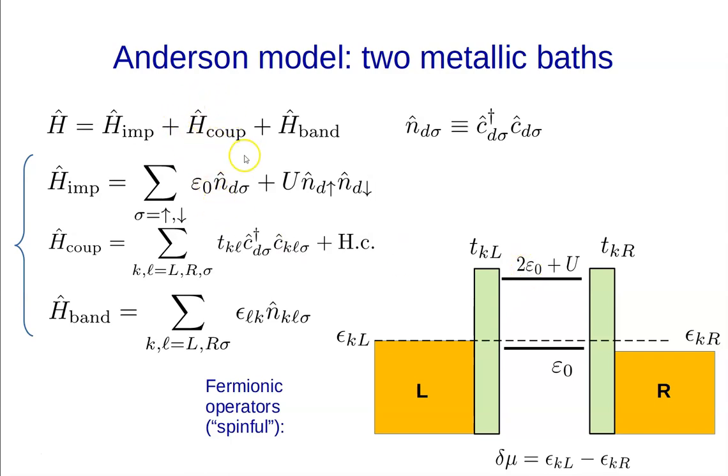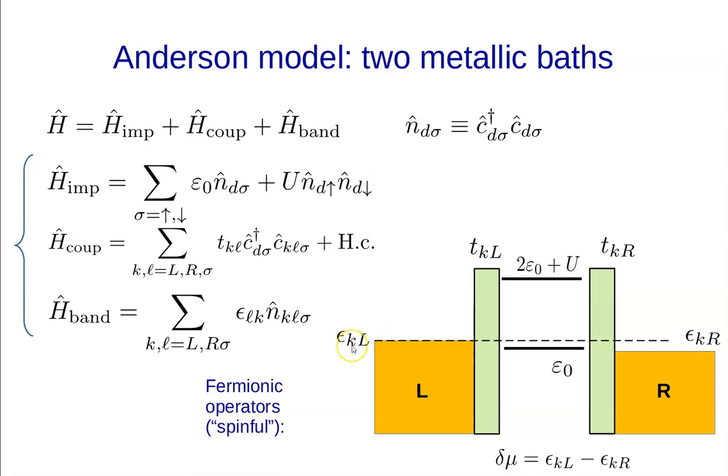Okay, so the next term in the Hamiltonian is the coupling term. So it allows electrons from either of the baths. So here I have a bath to the left of the impurity and one bath to the right of the impurity. So this involves a sum over k, which is the quantum number that labels the states in this bath.